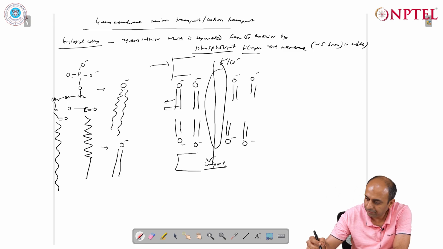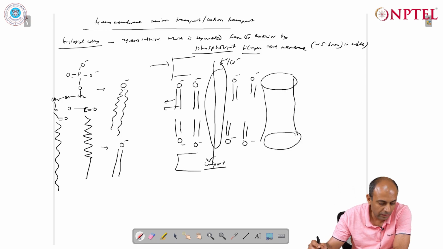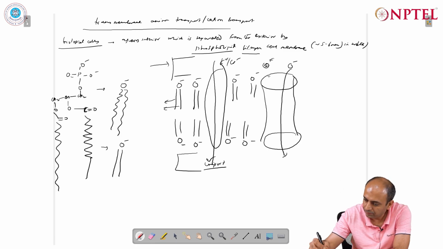We can also have a way of transport such that you have the cation and you have the anion, and they both are transported simultaneously through this particular bilayer, and this is referred to as the process of symport, because they are being transported in the same direction.